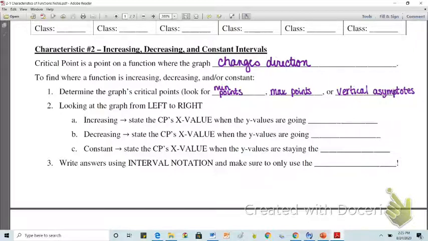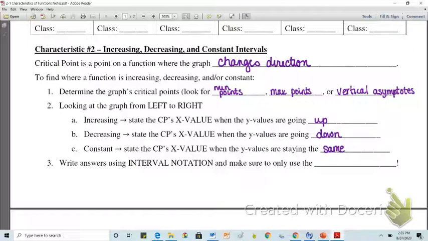So to find the increasing, decreasing, or constant, we need to look at the graph from left to right, just as we are reading a book. So for increasing, the y values will be going up. Decreasing, your y values are going down. And for constant, they are staying the same.